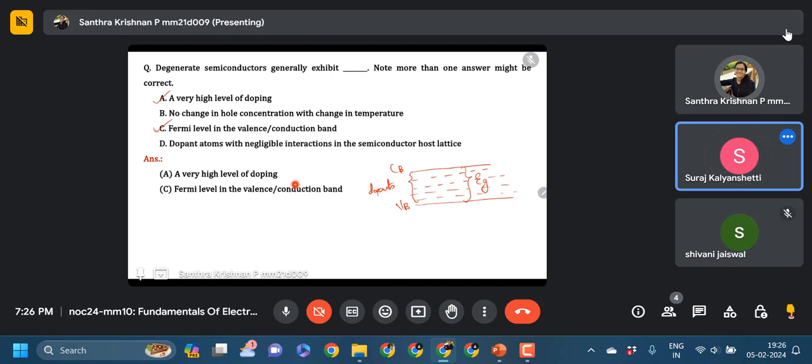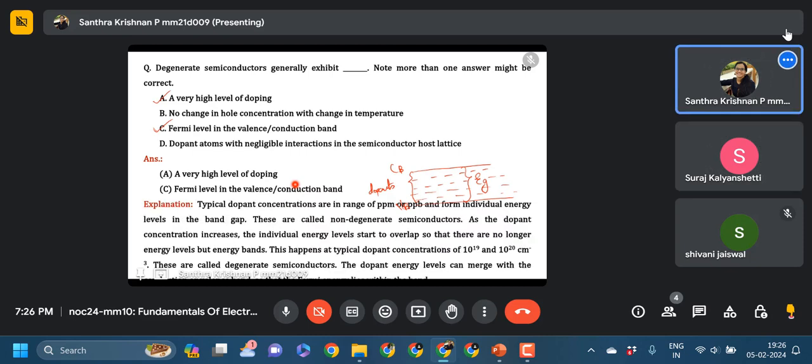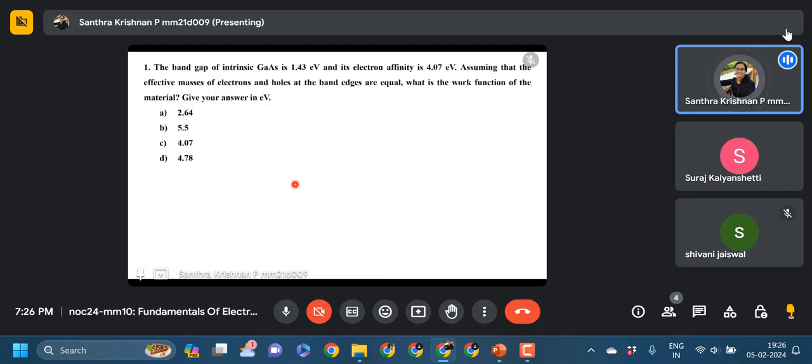Correct. So the next question: the band gap of intrinsic gallium arsenide is 1.43 electron volt. Its electron affinity is 4.07 electron volt. Assuming that the effective masses of holes and electrons at the band edges are equal, what is the work function of your material?